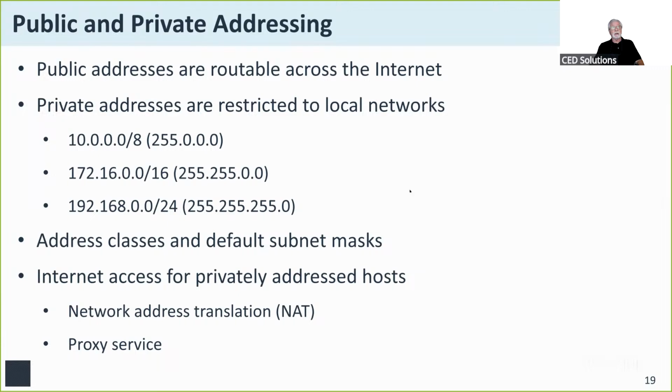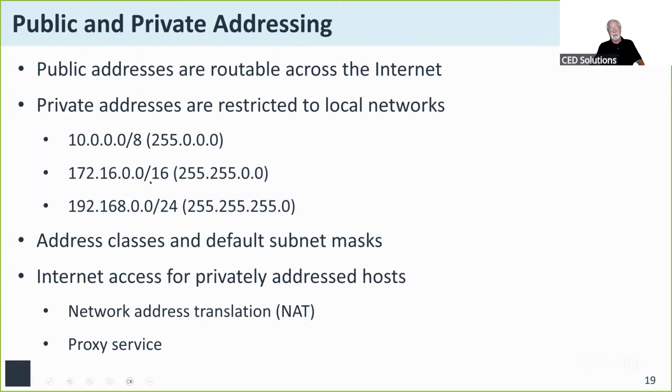And actually, if you look at it, it is 256 times 256 times 256, almost 17 million available host addresses within each of these networks. Okay, /8. Just the first 8 binary bits is the network address.